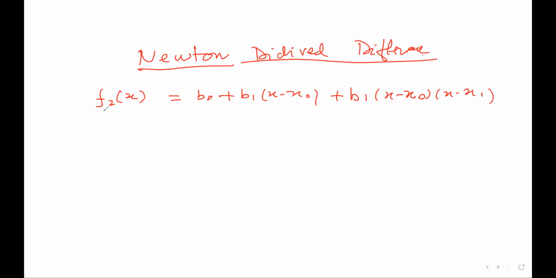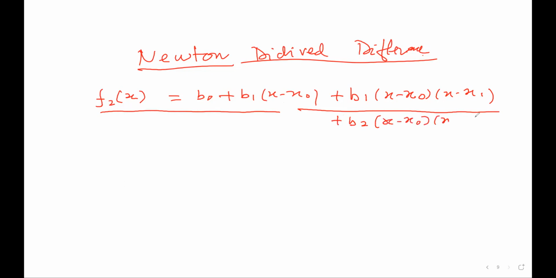If this is, for example, your polynomial that is representing your data, and the data points are equispaced, you know your data values at x0, at x1, even at x2. If you want to add another term there, then it will be equal to b3 into x minus x0 into x minus x1 into x minus x2, isn't it? In the same way, you can go to your nth term, up to x minus x(n minus 1), isn't it?